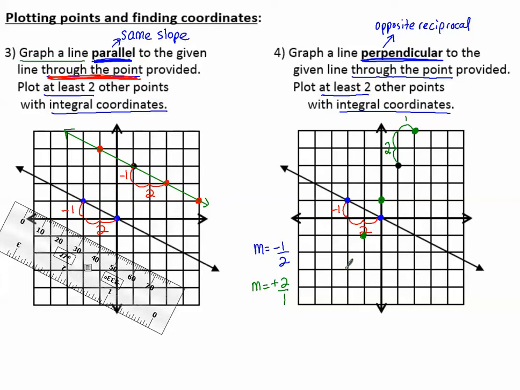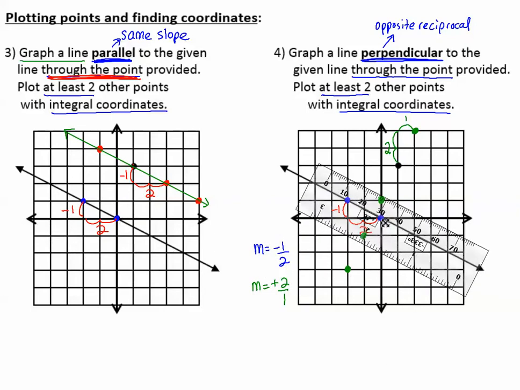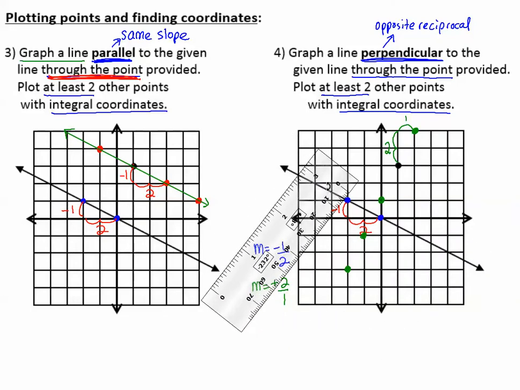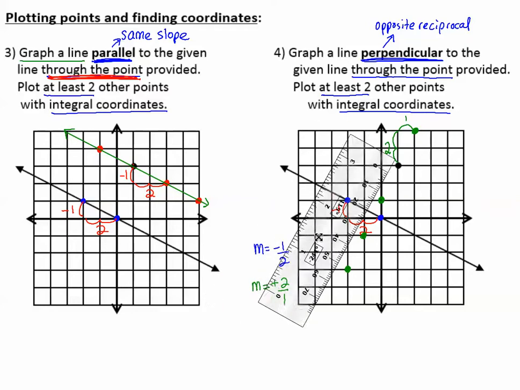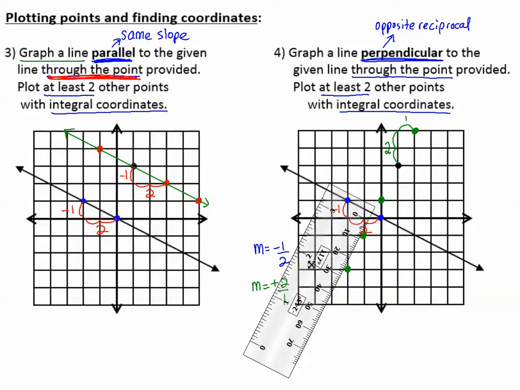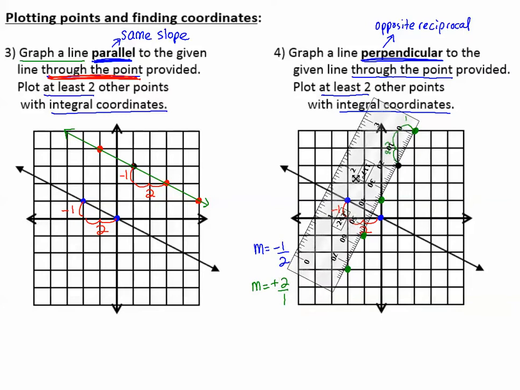I could do that many more times because I still have room. Then I can graph that line. Now remember, if the line is perpendicular, we can use our ruler to make sure that it is perpendicular. See how I line up my ruler so that one edge is on the line provided and the other will be going through the point that they gave me.